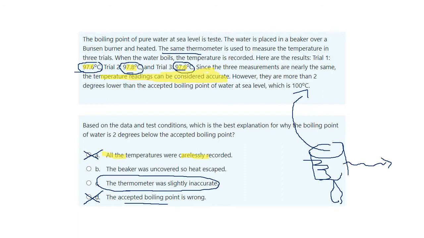But if the thermometer is set to the wrong temperature, then the reason why all three answers are so similar is because they are all coming to 100 degrees, but the thermometer is broken. The thermometer thinks 100 degrees is 97.6 degrees. The amount of mercury, the liquid in the middle of the thermometer, might be slightly inaccurate. So C is the best answer.